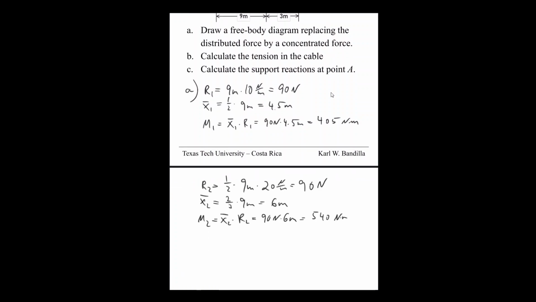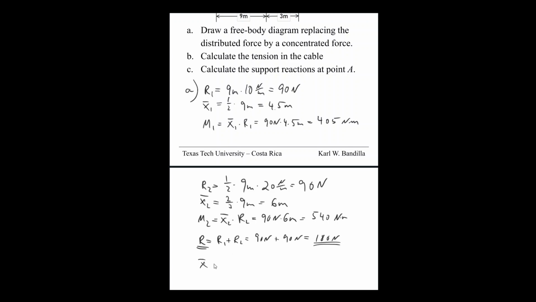So then, if I want to get the overall R, all right, that's just R1 plus R2. Be 90 Newton plus 90 Newton would be 180 Newton. That's an easy calculation right there.